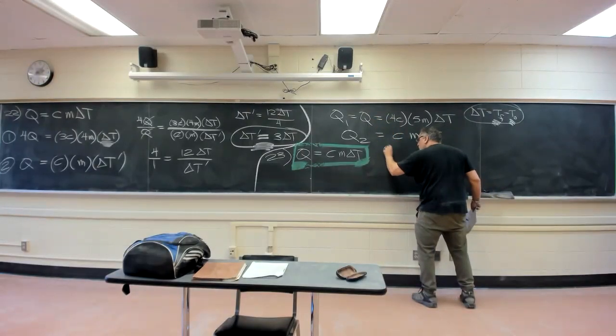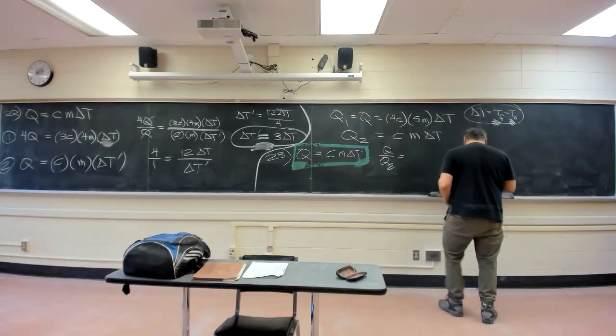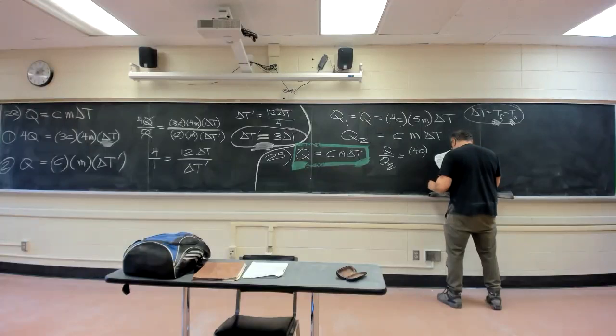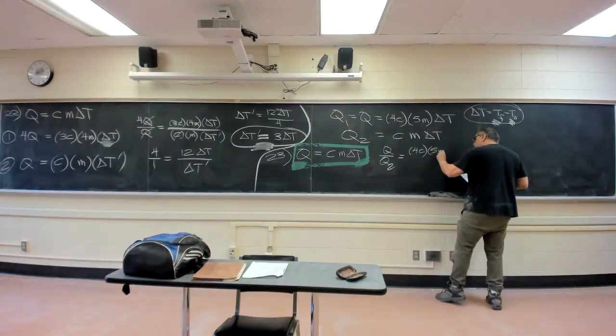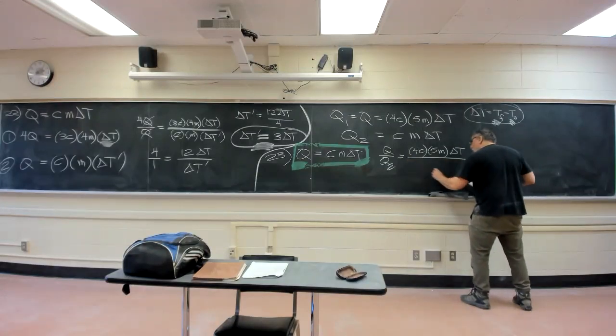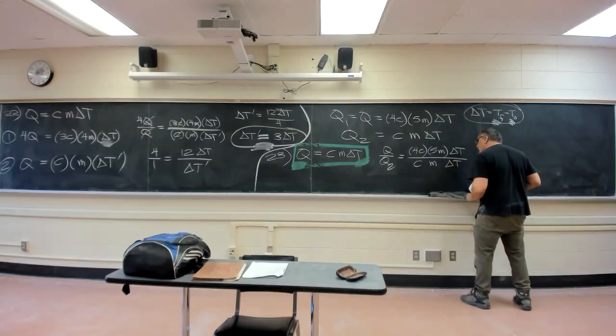If Q1 is Q, just say Q over Q2, ratio-wise, is 4C, 5M, delta T, over CM delta T.